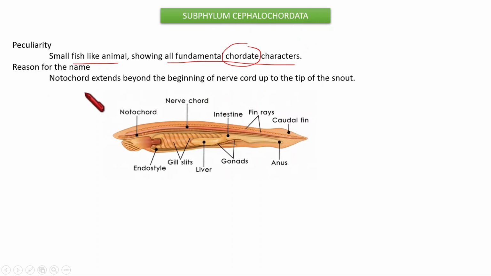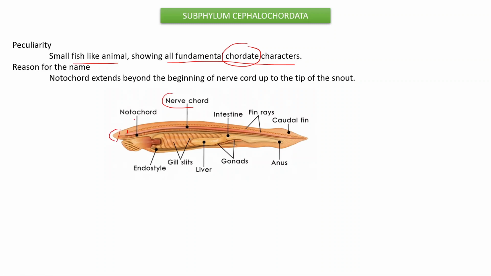Cephalochordata? Because here we know this is the notochord, and it extends beyond the beginning of the nerve cord. We know that this is the beginning of the nerve cord. So this notochord is extending beyond the starting point of the nerve cord, and because of this extension, it creates a snout.